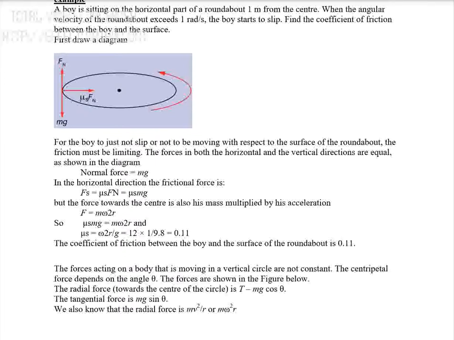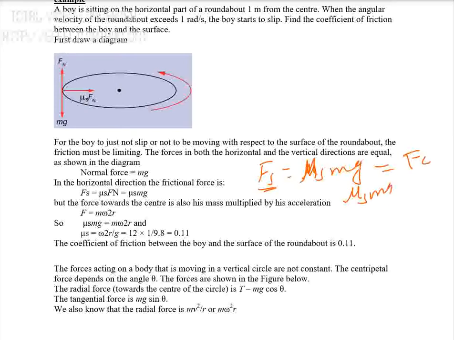Therefore, Fn is mg. Therefore, Fs becomes what? Fs becomes mu s times mg. And this static friction, which keeps the object, is equivalent to the centripetal force.